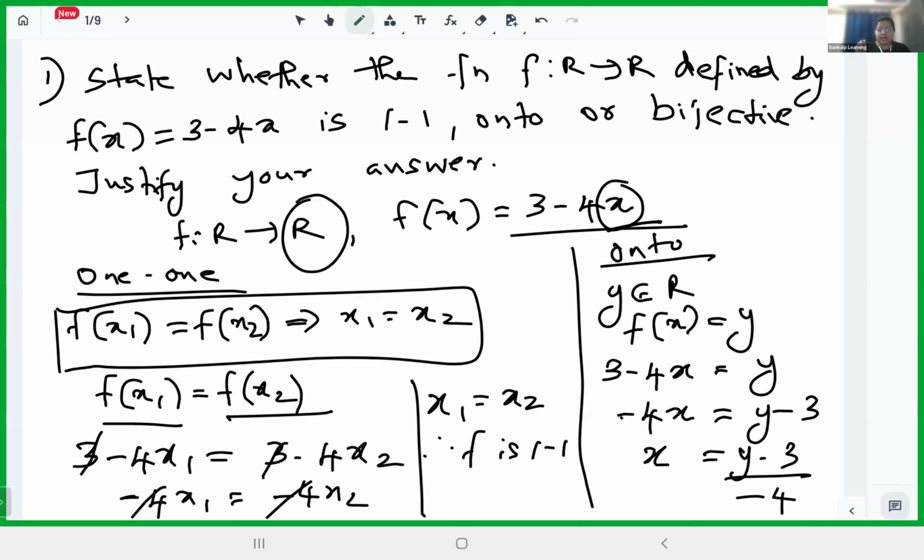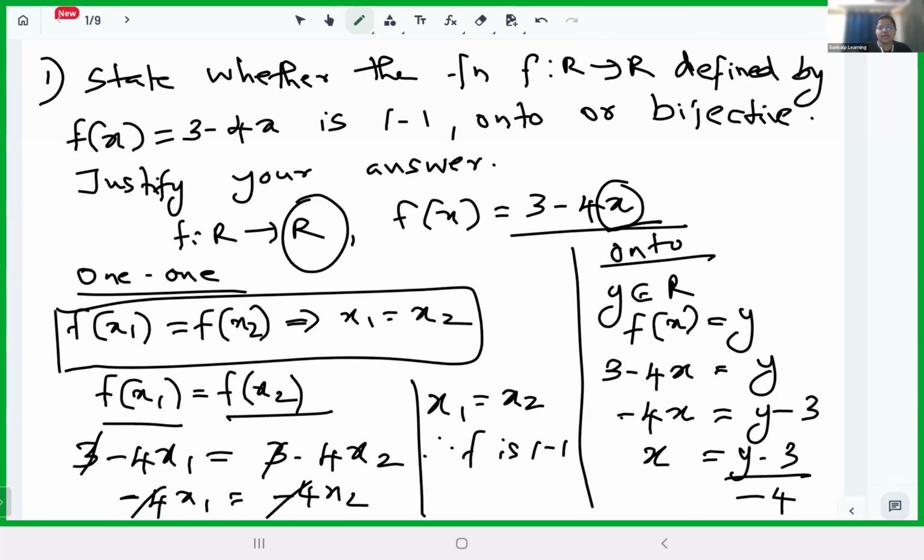Now what we have to do? If you randomly select an element from the codomain, you should get a pre-image x in the domain. Then only you can say that the function is onto. That means every element in the codomain should have a pre-image.